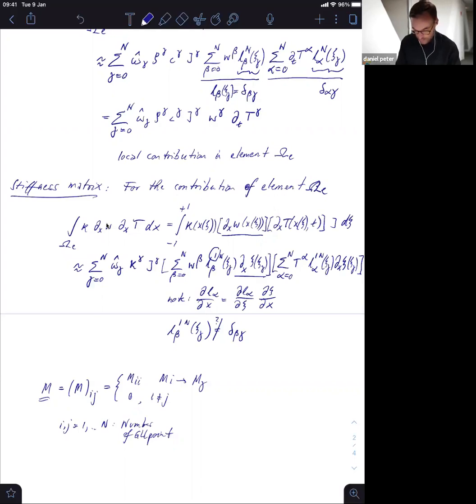The only way we can simplify it is by choosing here these w beta coefficients. We say we only set one to 1 and all the others to 0. Then only this first part will simplify. But we still have here, for example, the sum over alpha, which we have to keep because the derivatives are non-zero at the GLL point locations.